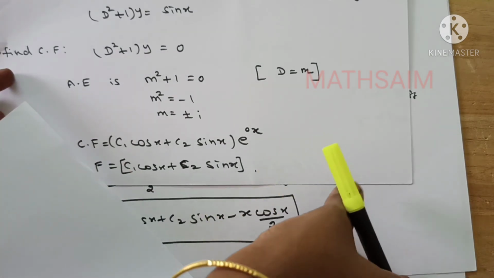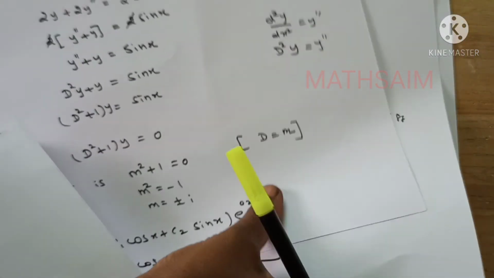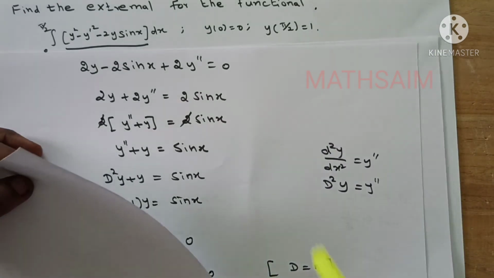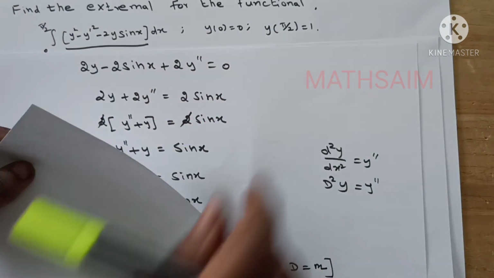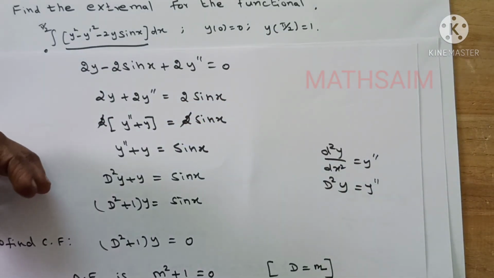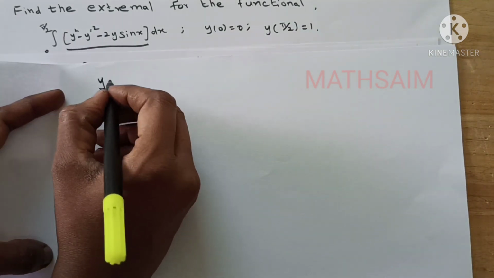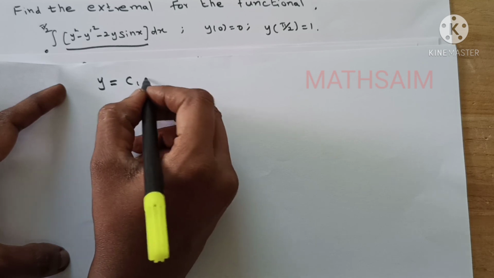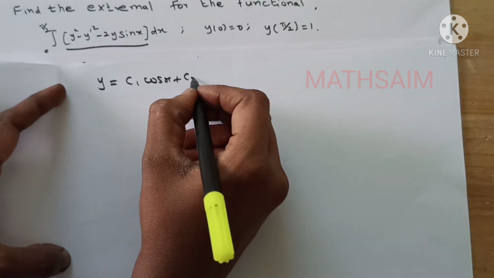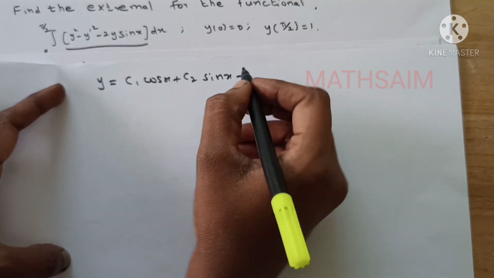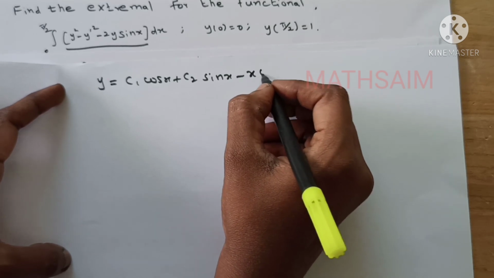What are the boundary conditions we have in this problem? One is y of 0 equal to 0 and the other one is y of pi by 2 equal to 1. First, write the solution: y equal to c1 cos x plus c2 sin x minus x cos x by 2.